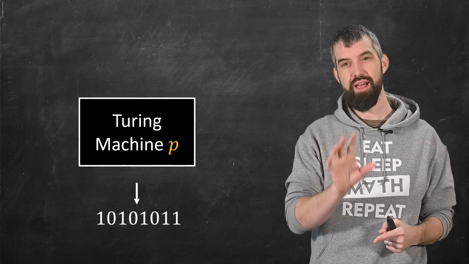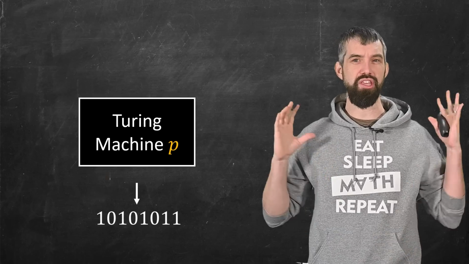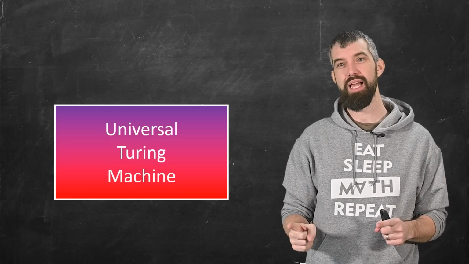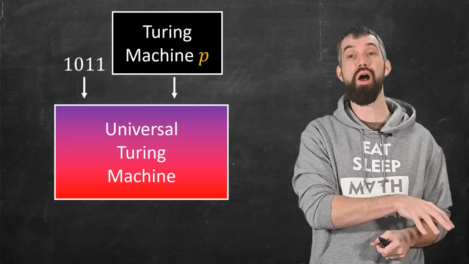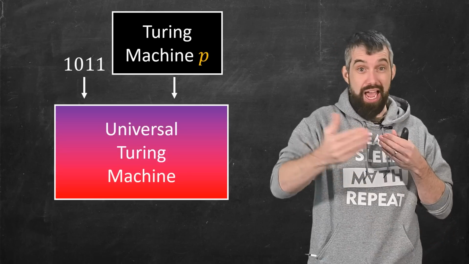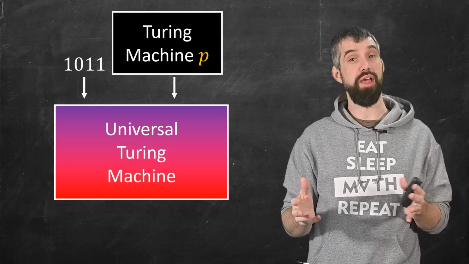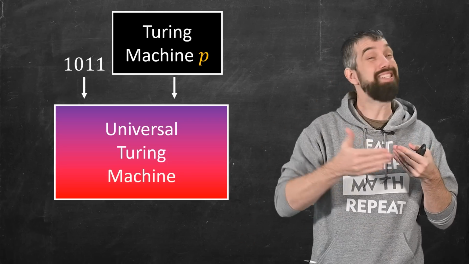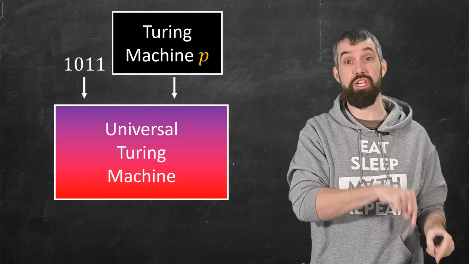But the cool thing about Turing machines is that you can upgrade to something called the universal Turing machine. What a universal Turing machine does is it eats not just normal old inputs like 1011, it also inputs entire other Turing machines. Like if you've got some algorithm that takes in inputs and puts out outputs, you could just encode that entire algorithm and feed that into the universal Turing machine as well.